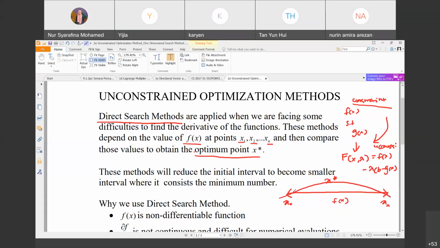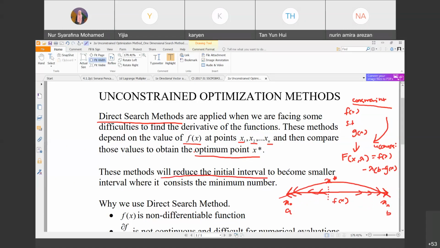So we need to reduce the interval from A to B here. Let's say from here to here, and then from here to here, until we reach the maximum point. So from reducing the interval here, we will have some sort of iteration in our calculation.